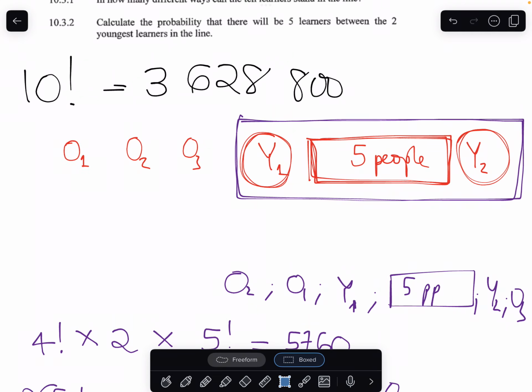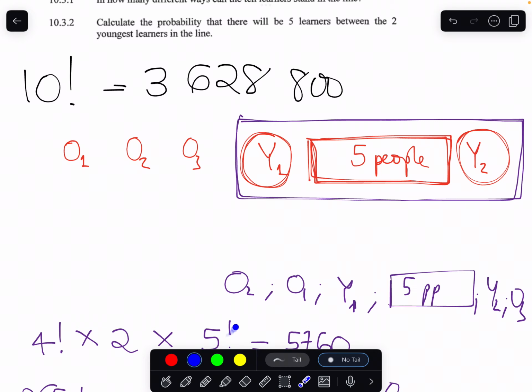Okay, so this 4 factorial is counting the number of ways that we can arrange 4 items. And then the times 2 is saying that for each arrangement of those 4 items, we could either have this item first and then that one last, or this one first and then that one last.